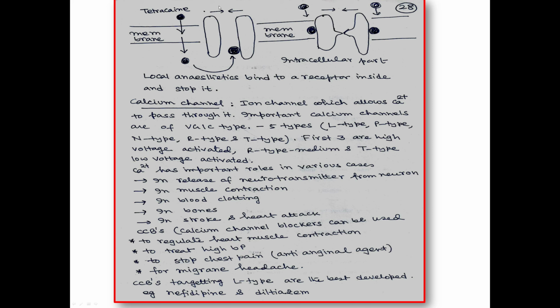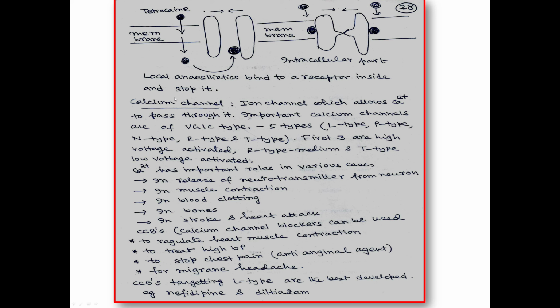This is the pictorial representation of how the binding happens between tetracaine and the receptor, and it happens towards the intracellular part, not near the extracellular part. Tetracaine on its own crosses the cell membrane and comes inside, and from the intracellular part it attacks the binding site of the voltage gated sodium ion channel.